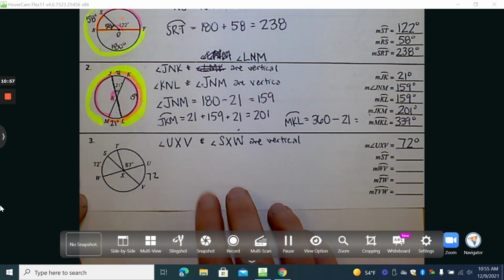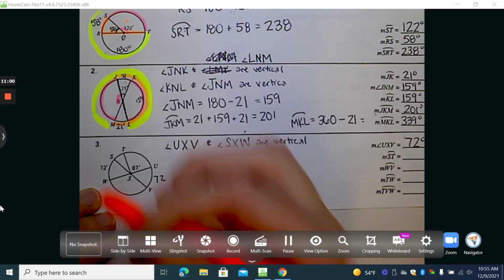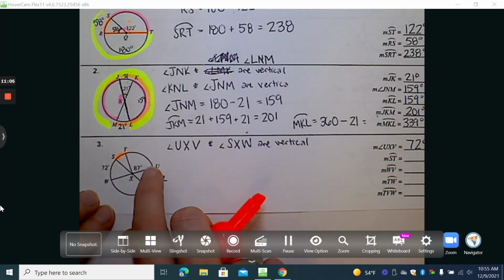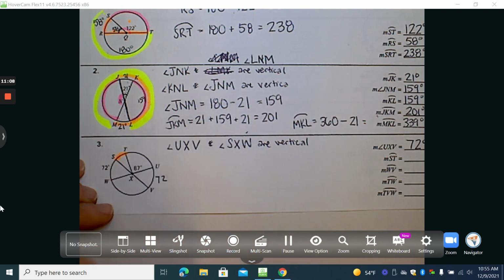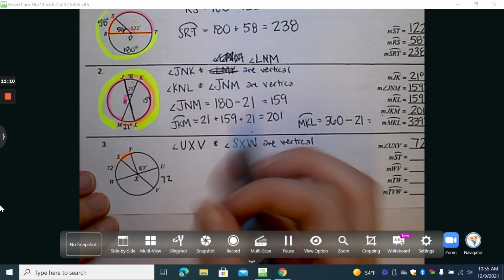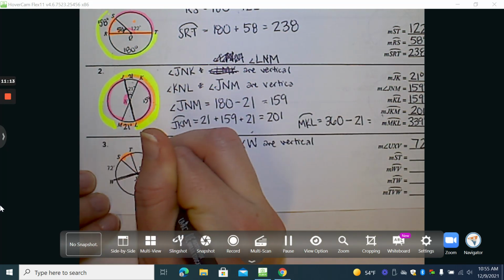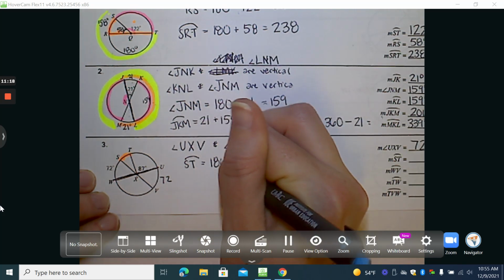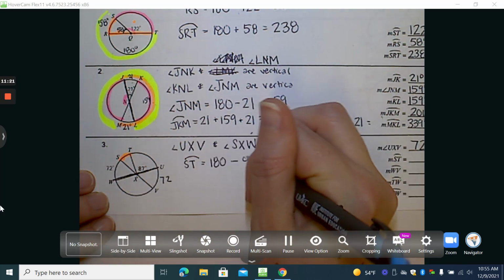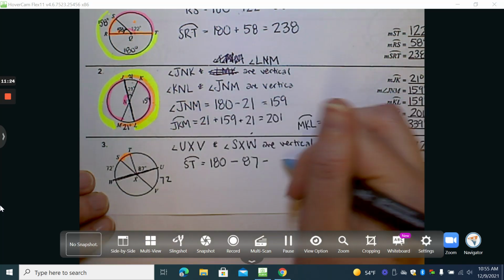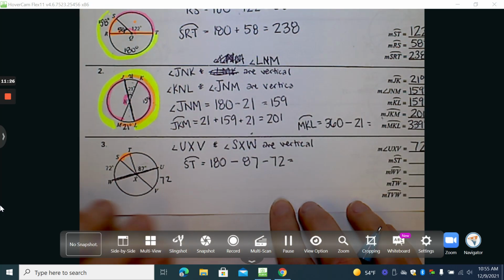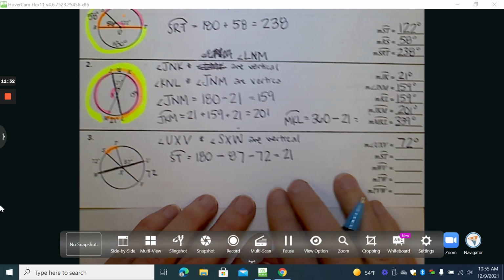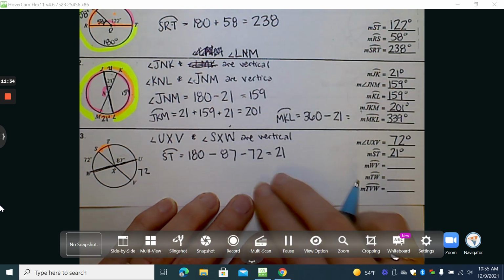Now ST is just this little chunk right up here, but I already know that this is 72 degrees and this is 87 degrees, and they all make this straight line right here. So in order to figure out what ST is, I'm going to subtract 180 minus 87 minus 72, and I get 21 degrees.